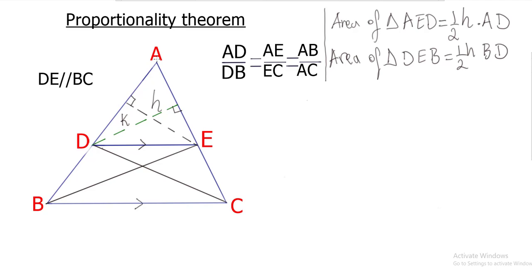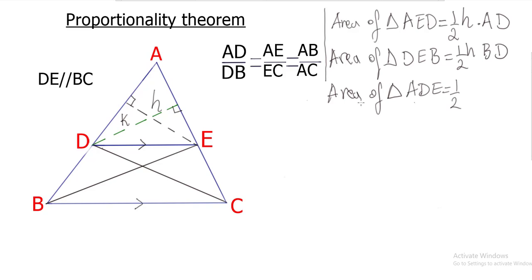Now let's move to this triangle. The triangle with a head D. We call it the area of triangle DAE.